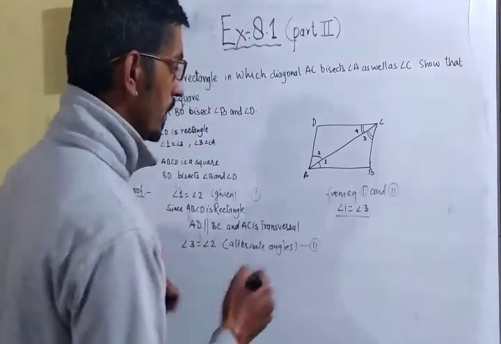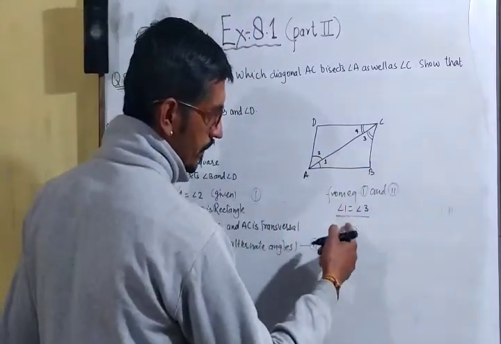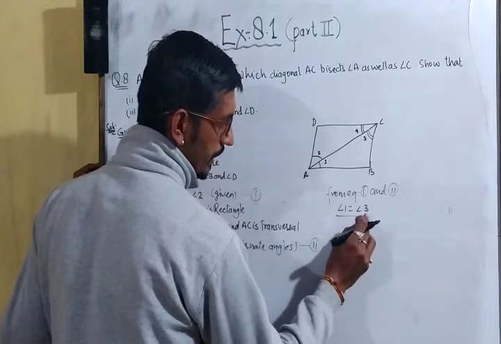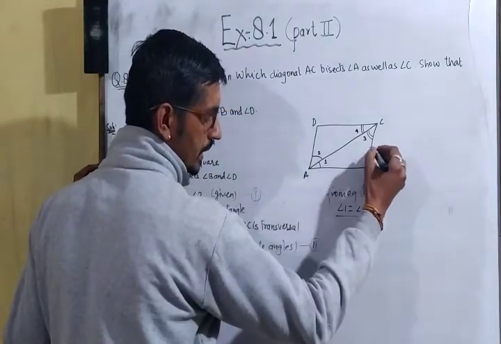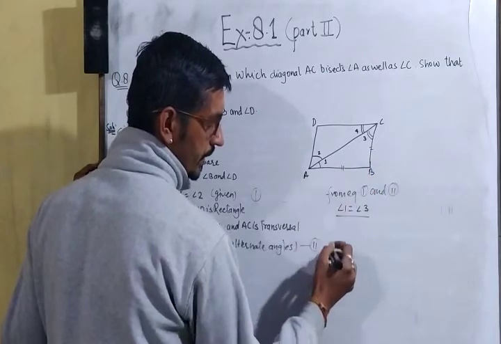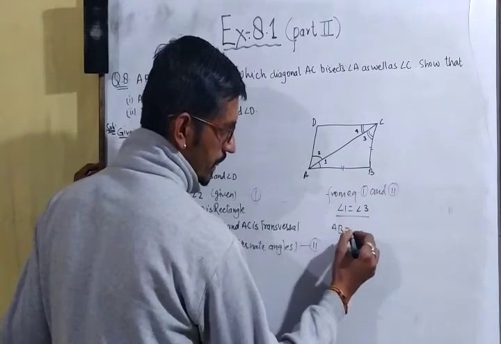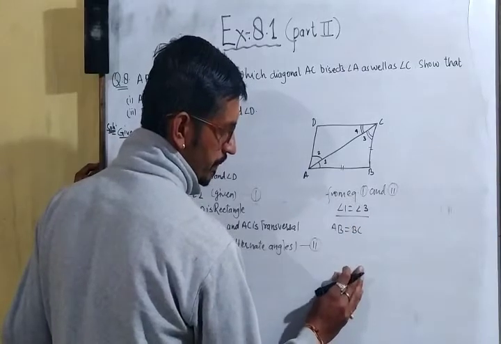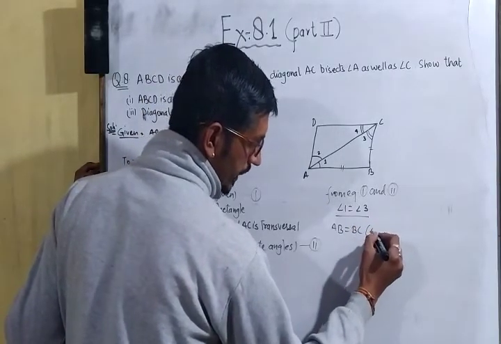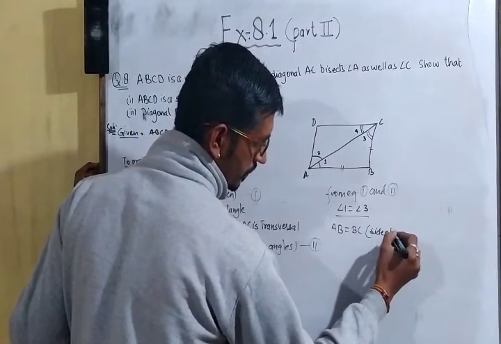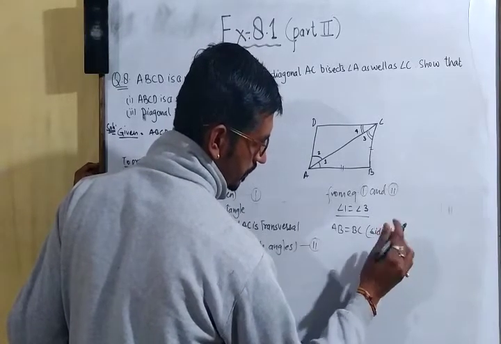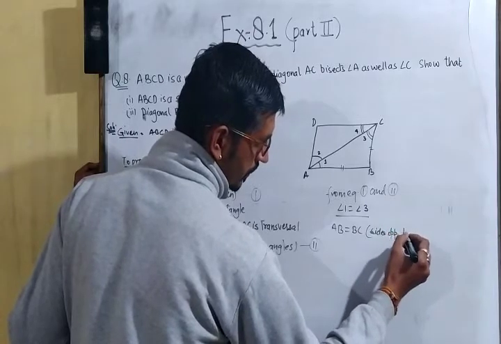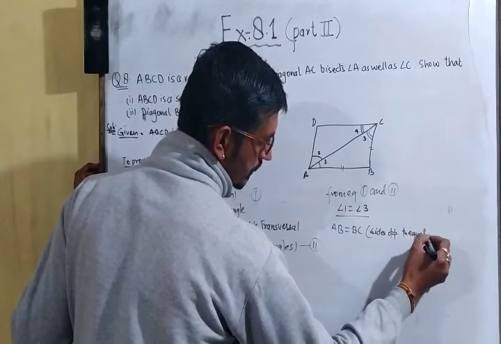Angle 1 is coming equal to angle 3, so this side is equal to this side. So we can conclude AB is equal to BC. Here you will write, sides opposite to equal angles.